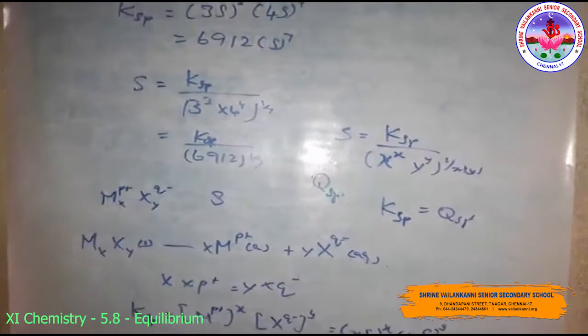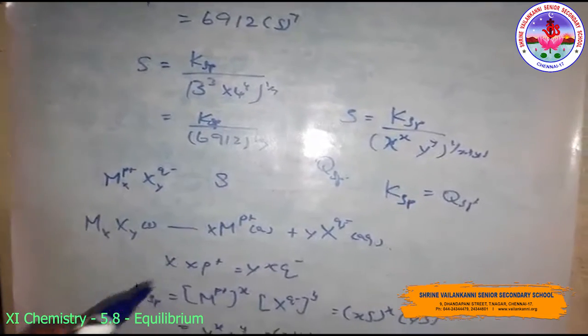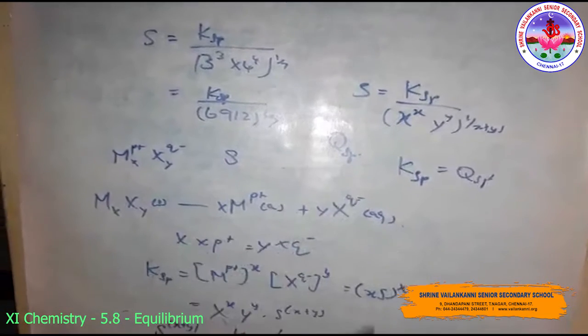Some solubility product constants of common salts at 298 Kelvin are given in the table in your textbook. The table number is 7.9 in your textbook.